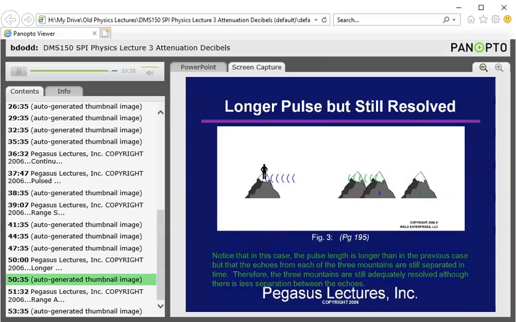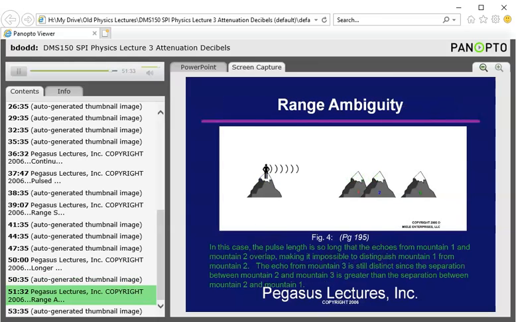Now the third case: we're still using a pulse, but the pulse is just a little too long, and you can see that these two get interfered with, and we can't separate them with our ultrasound machine anymore, or a yodeler. So keep that in mind. That's called range ambiguity. The pulse length is too long. It gives you range ambiguity. We'll go into that in about a chapter and a half.